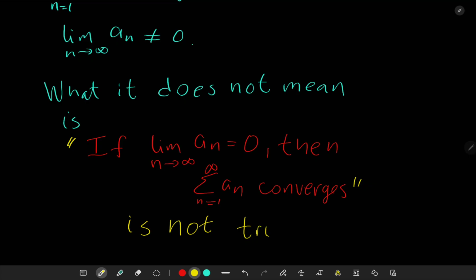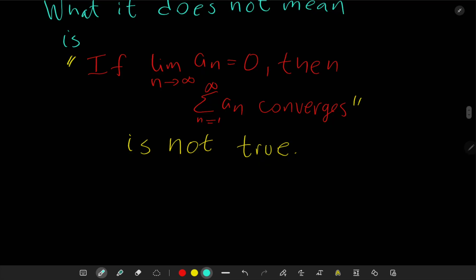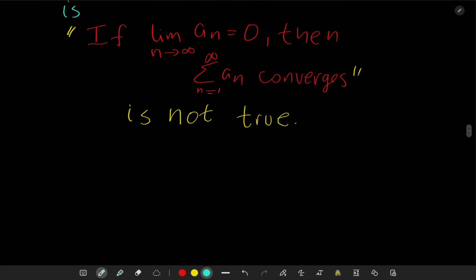So this test is going to be called a divergence test. This is a quick test just to determine if a series diverges. So for example, I'm going to give you a non-example, if you will. I'm going to give you an example of a series, the sum from n equals 1 to infinity, an infinite series that diverges.